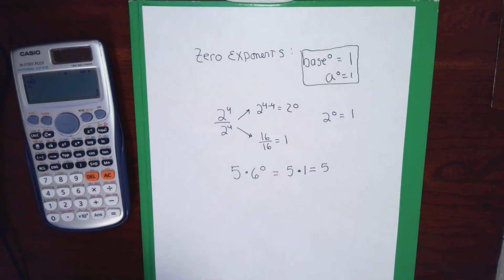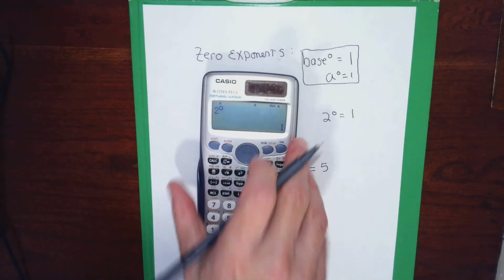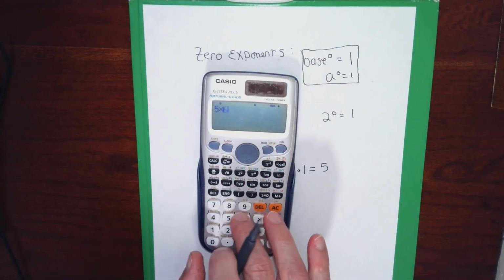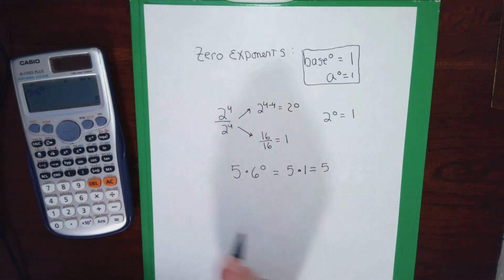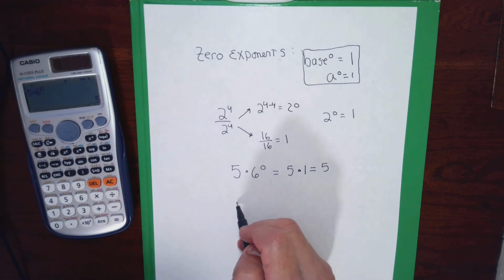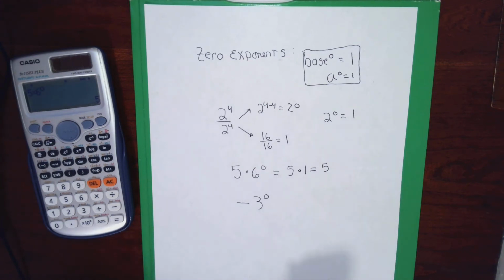So there's a zero exponent that's not equal to 1, but the base to the 0 power is 1. If I did this on my calculator, 5 times 6 exponent 0 power, my calculator will show me that. And the evil twist of this, if I did something like negative 3 to the 0 power without a parentheses, this is the evilest of evil problems.